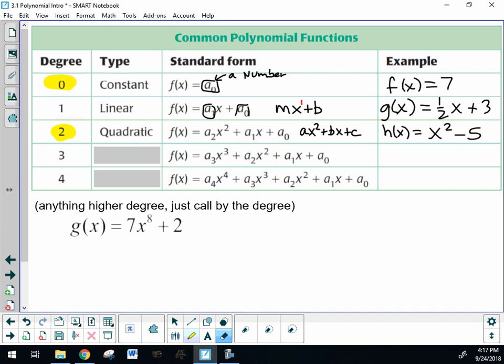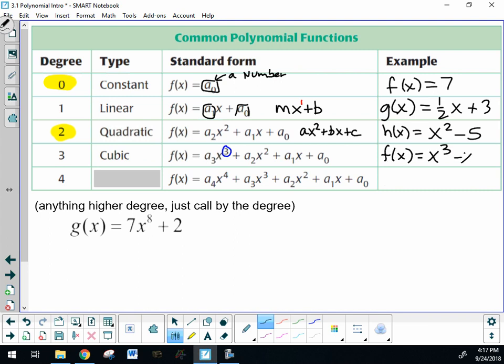Okay, the next type, I bet you can guess what it's called. It's a degree 3 polynomial, and we call it a cubic polynomial. Something like x to the third minus x plus 2 would be a cubic polynomial. Again, it's okay for one of the terms to be 0. This one has 0x squared.